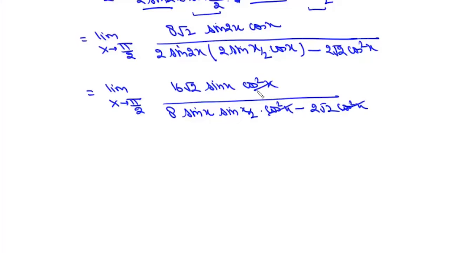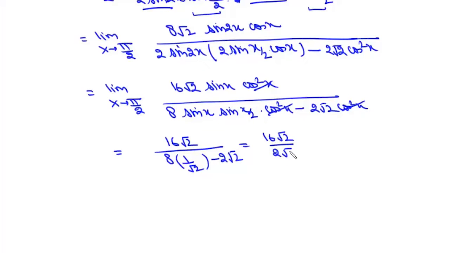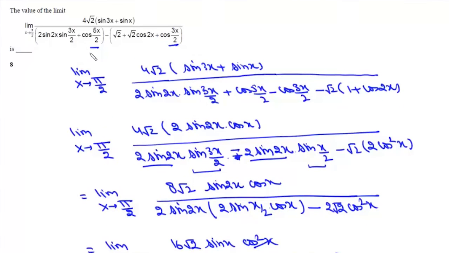Now cos square x will cancel. If we put in the limit, we'll get 16 root 2 upon, now this is 8 and sine pi by 2, and sine pi by 2 is 1 and sine pi by 4 is 1 by root 2, minus 2 root 2. So it is 16 root 2 upon 2 root 2, which is 8. So the answer to this question is 8.